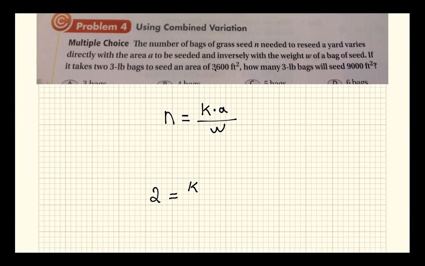So we know that's 3,600 feet, times 3,600. We divide that by the weight, which it said was 3-pound bags. So what we're doing here is using that equation to find our constant of variation. Once we find our constant of variation, we should be able to plug in 3-pound bags and then 9,000 feet in here to solve for the number of bags it would take.